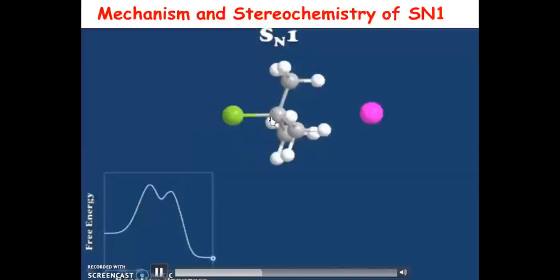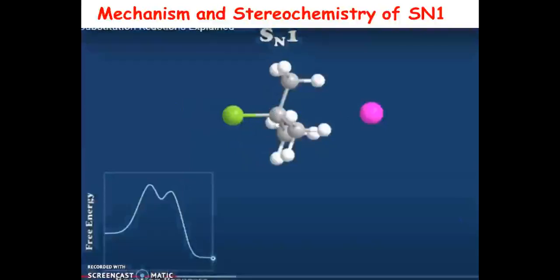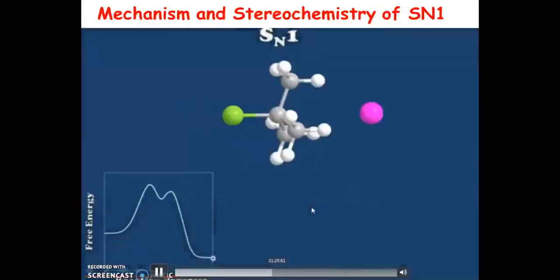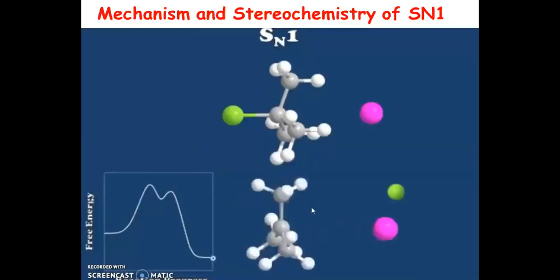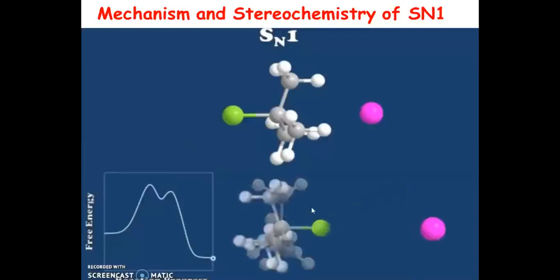But there are two possibilities. Either it comes from the opposite side of the leaving group, or it can come from the same side, because after formation of the planar carbocation, it is possible for it to come from the same side. So you get a product where the nucleophile comes from the same side of the leaving group, or from the opposite side. Here we have seen that it comes from the opposite side in the first one.